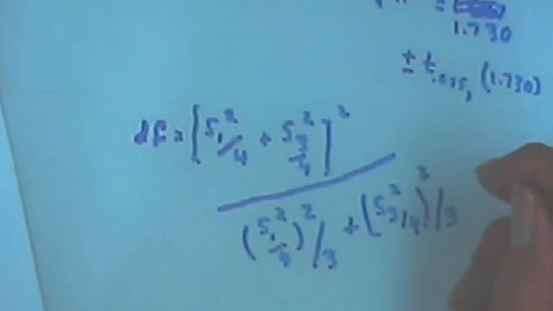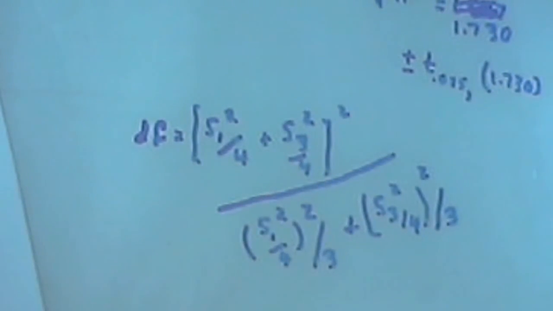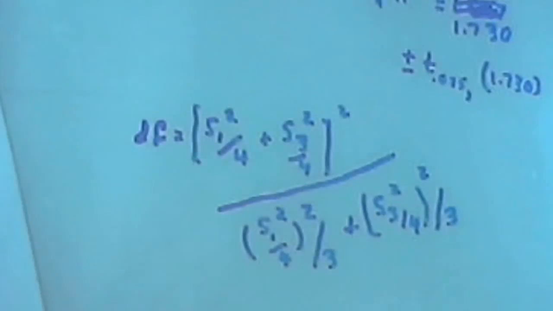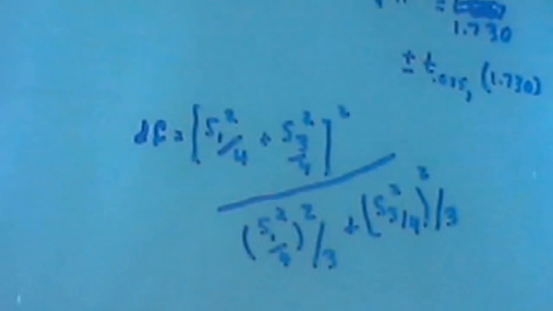So that's what I got to calculate out. Well, let's see. S1 squared is there, 1.41, and S3 squared is there, 3.16. So let's try it out and see what I get. Squared divided by 3.